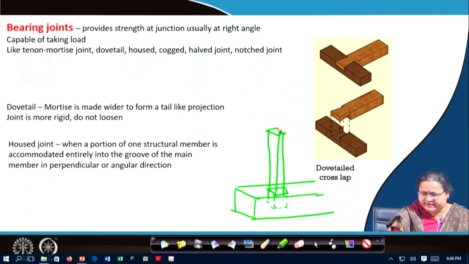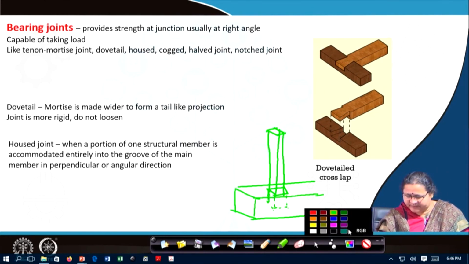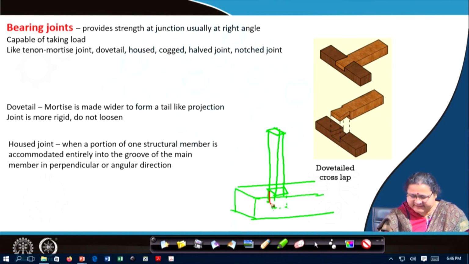So, this member is no way getting weak. So, this member actually sits inside this groove.